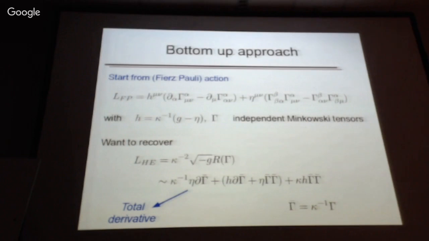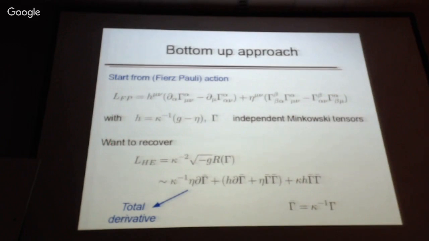And remember, h is just a perturbation around flat space. That means from the full metric I removed flat space, and what I'm left with is h. I'm just putting here a scale. And gamma is the connection, the one that defines the covariant derivatives, and I'm assuming these are two independent variables.